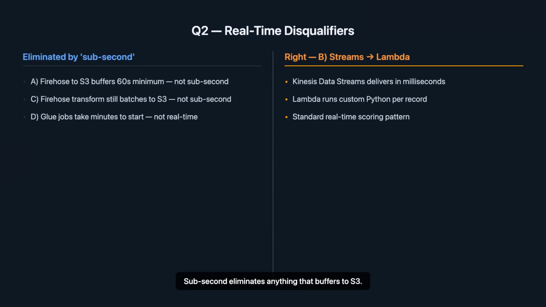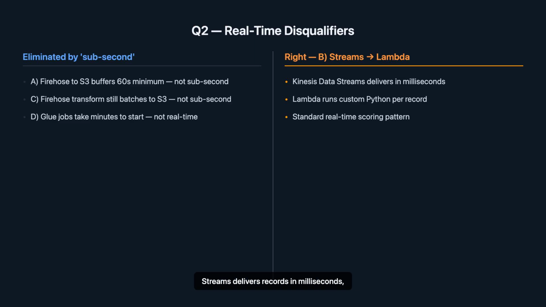Sub-second eliminates anything that buffers to S3. A is out. Firehose delivering to S3 has a 60-second minimum buffer. C is out for the same reason. Even with a Lambda transform, Firehose still batches before landing in S3. D is out because Glue jobs take minutes just to start up. That leaves B. Kinesis Data Streams to Lambda.